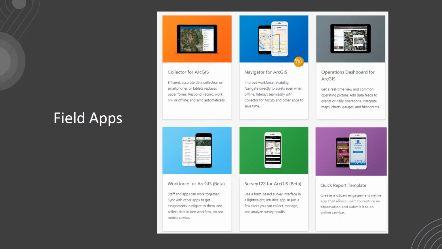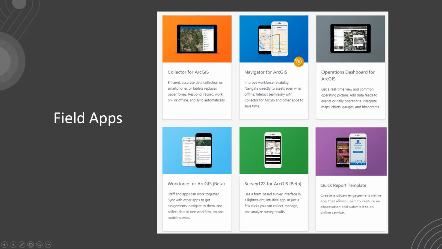So let's have a look at some of these field applications that we have on the screen right now. I am only projecting 6, but we are not limited to just using these field apps. You have the tried and tested pioneers in terms of the field application offerings of Esri, which are Collector for ArcGIS and Survey123 for ArcGIS.